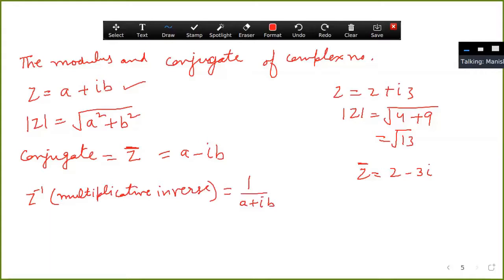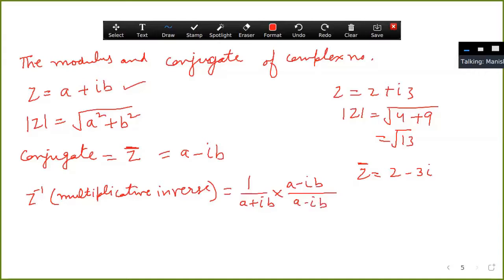Now, if you solve it, we always write the complex statement in the numerator. If it is in the denominator, then you have to rationalize it. As we know, change the sign of the denominator statement.